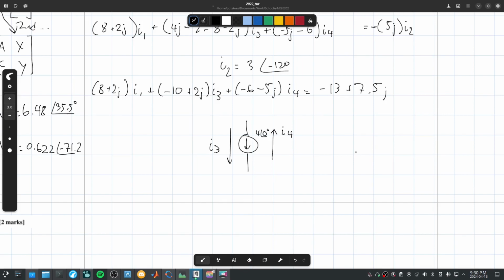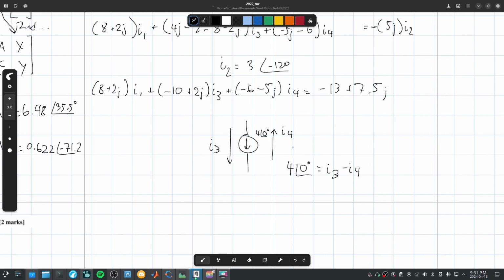So that means that the current coming out here, which is 4 with a phasor of 0 degrees, is equal to I3 minus I4. Because I3 has to be larger for there to be a current difference of 4 going down.